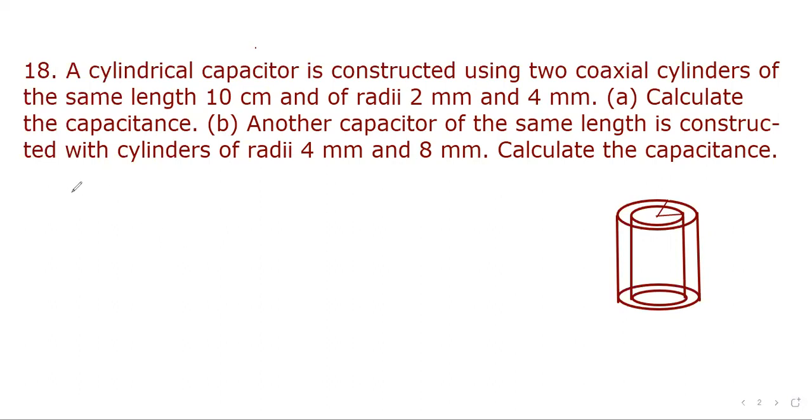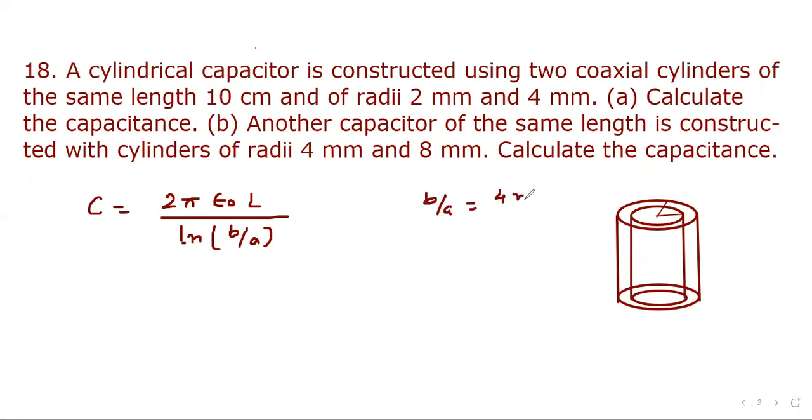So here we have to apply the formula for the capacitance of a cylindrical capacitor with inner radius A and outer radius B, and that is given by C equal to 2 pi epsilon naught L divided by natural log of B upon A. In the first case, B upon A is 4 mm divided by 2 mm, that is 2.